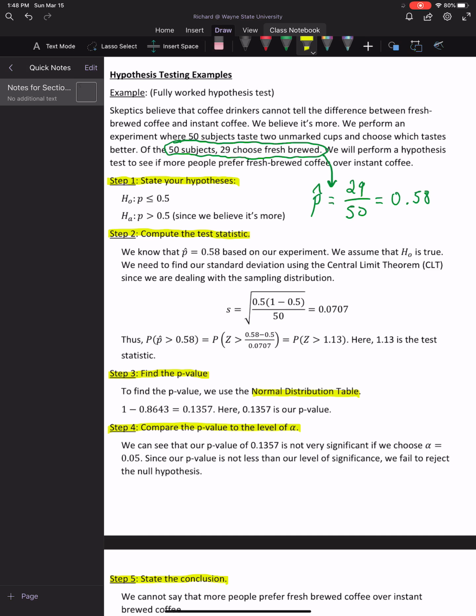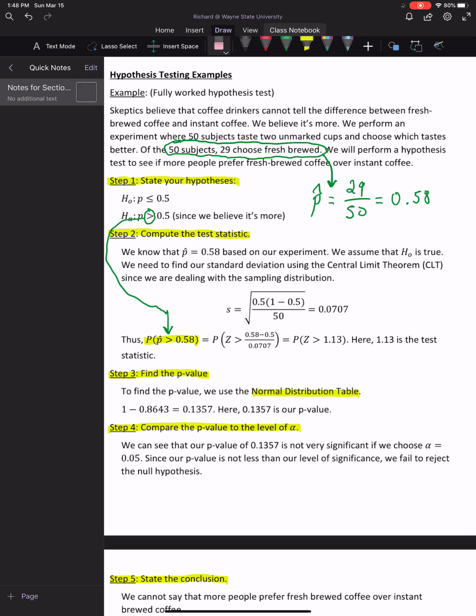And you'll notice that when we compute that test statistic, we're taking the probability that we get a p hat more than 0.58. Now what I want to really draw emphasis to, does everybody see the inequality here? That greater than inequality is the same as in the alternative hypothesis. There is a direct link between the two. If the alternative was less than, then this probability would also be less than, but instead it is greater than.